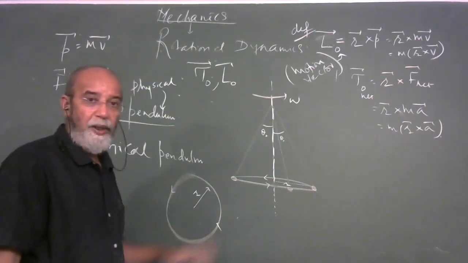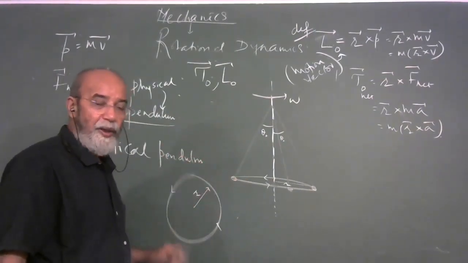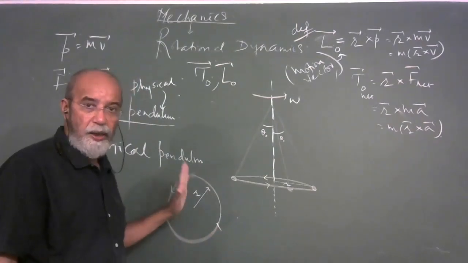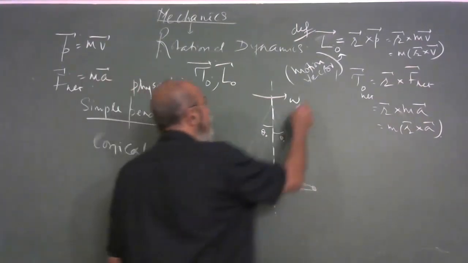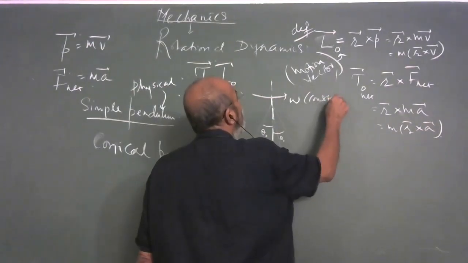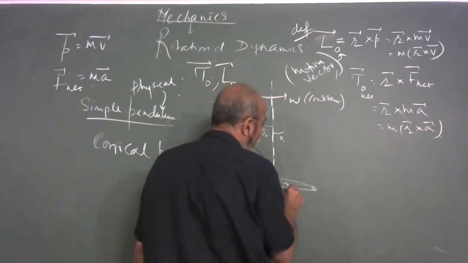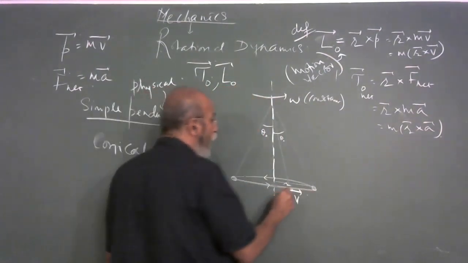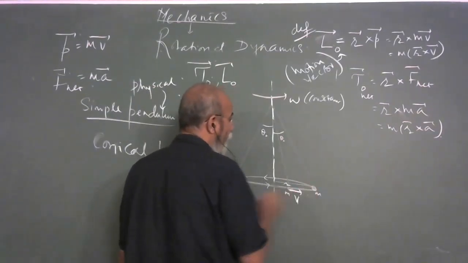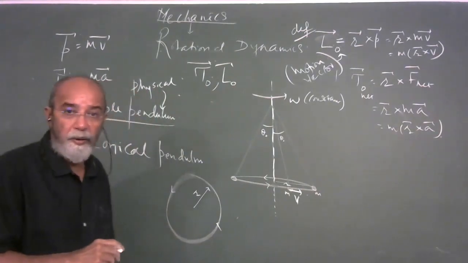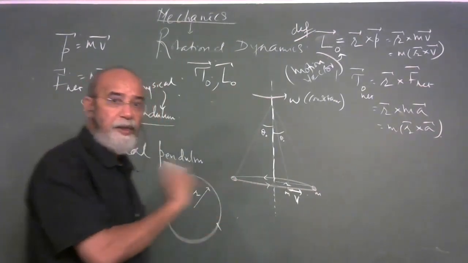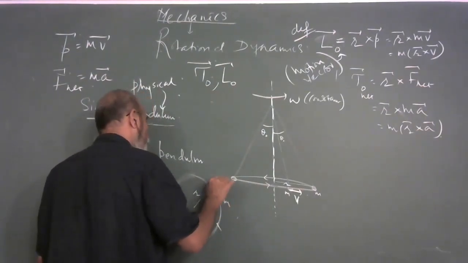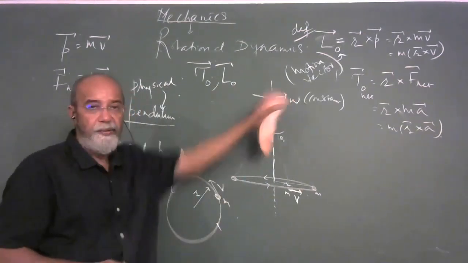That's a conical pendulum: a simple pendulum generating a cone where the bob traces out a perfect circle of radius R. And if I say this is constant, then at any instant for this bob, the linear speed is constant as it goes.